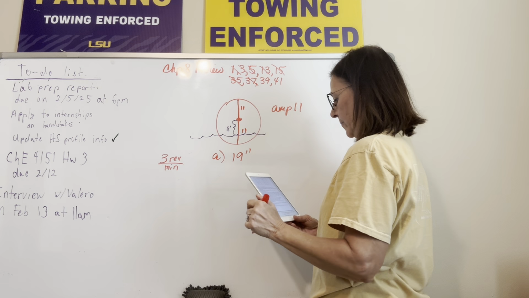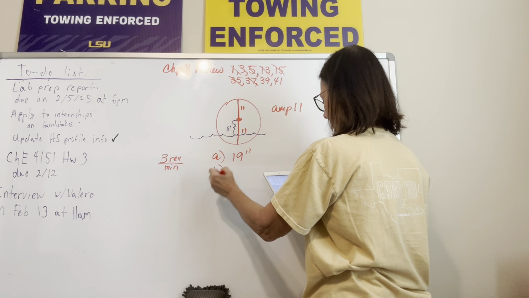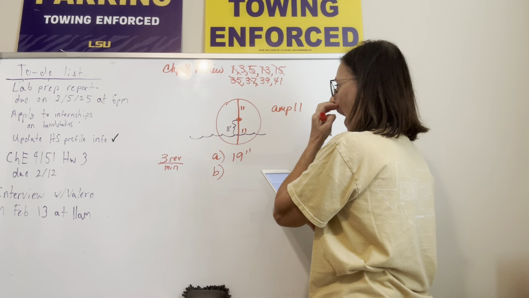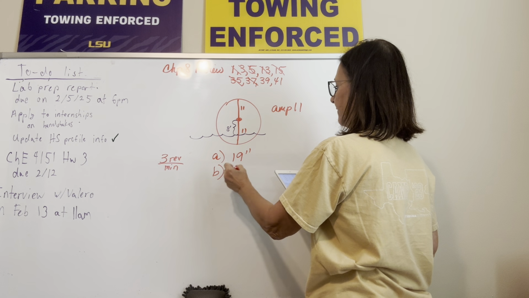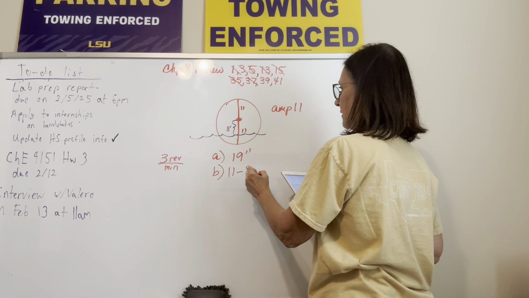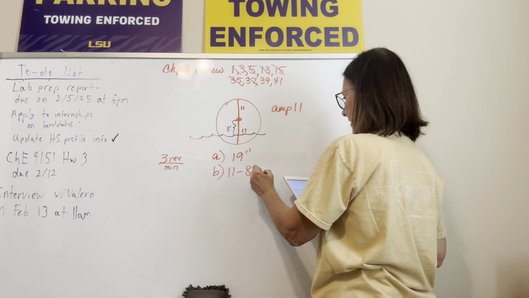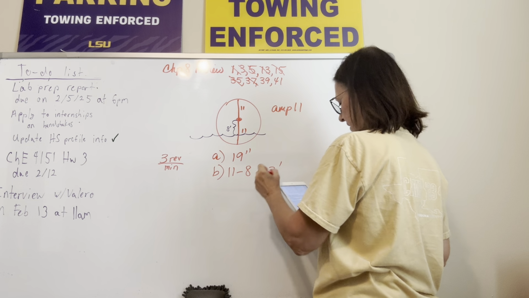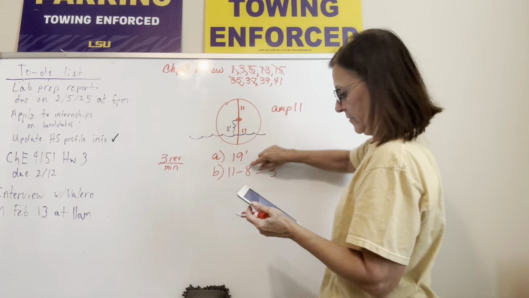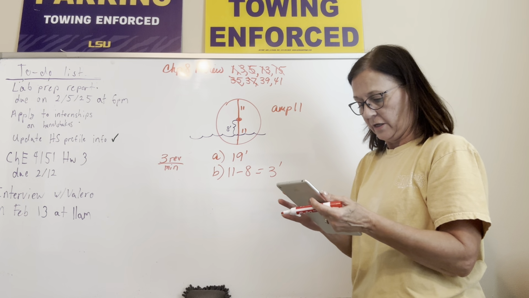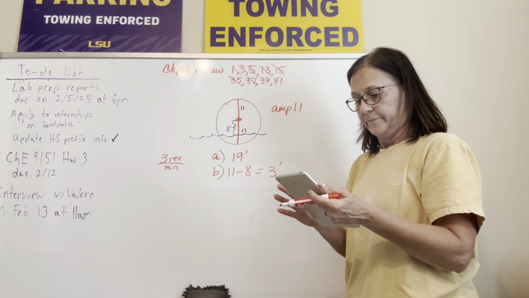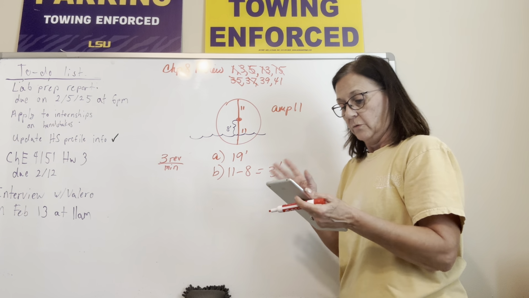So how far below the water is it going to get? It's got to be 11 minus 8. What is that? 3 feet? 3. Oh, look, I did inches here. 3 feet below the water. All right, that's B. We're just going to go through D.